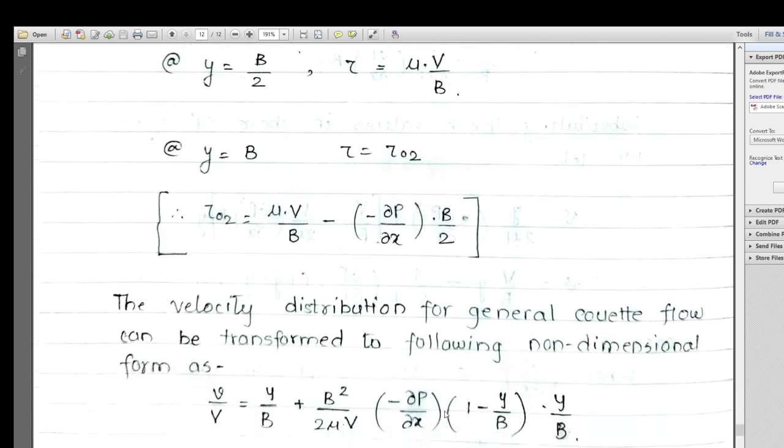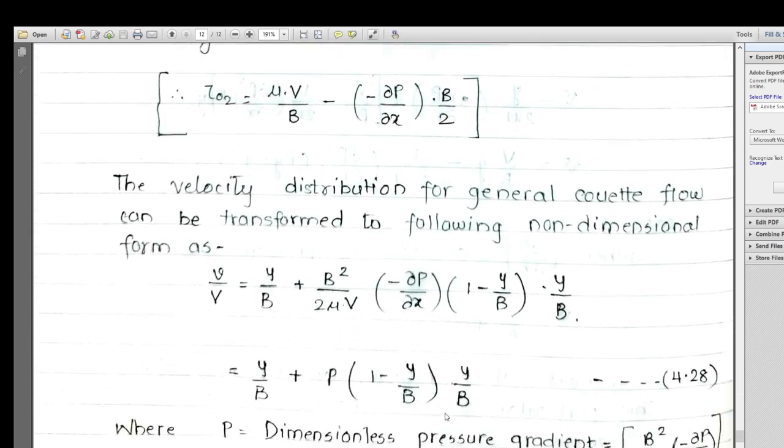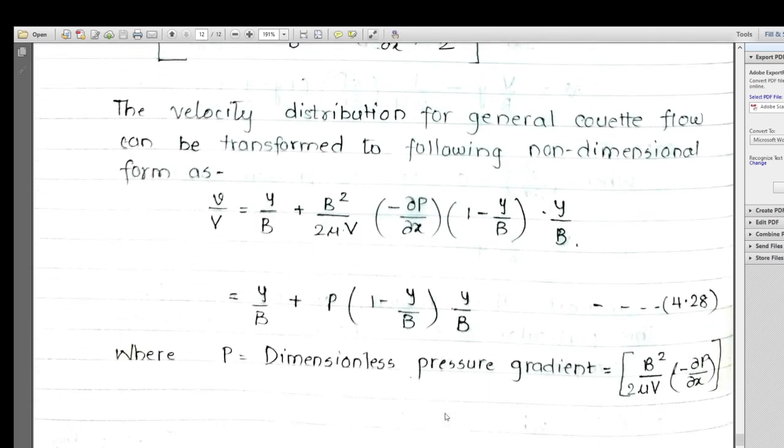Now we will see the velocity distribution for the general Couette flow that can be transformed to the following non-dimensional form. So we can get this equation: small v by capital V is equal to y by b plus b square by 2 mu V into dp by dx into 1 minus y by b into y by b.